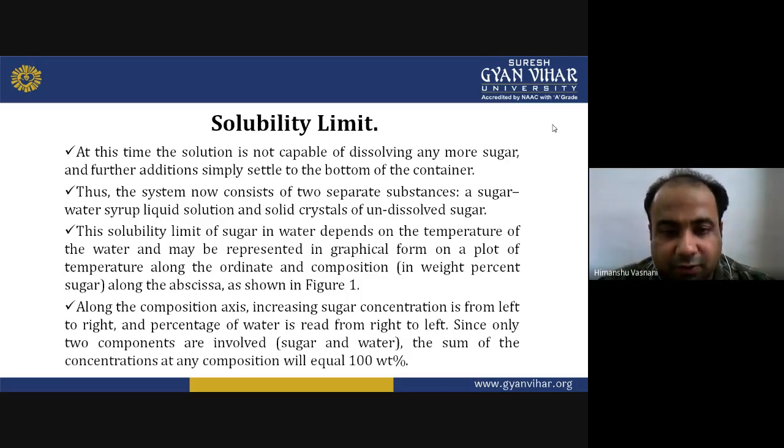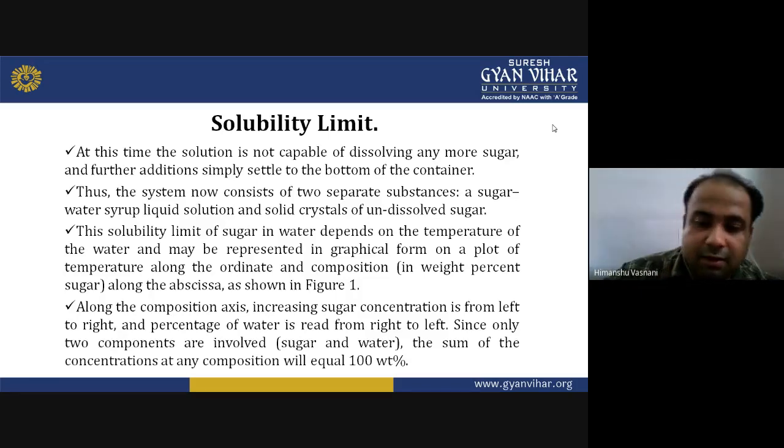The solubility limit of sugar in water depends on the temperature of the water and may be represented in graphical form on a plot of temperature along the ordinate and composition along the abscissa. Along the composition axis, increasing sugar concentration is from left to right and percentage of water is from right to left. Since only two components are involved, sugar and water, the sum of the concentrations at any composition will be equal to 100%.